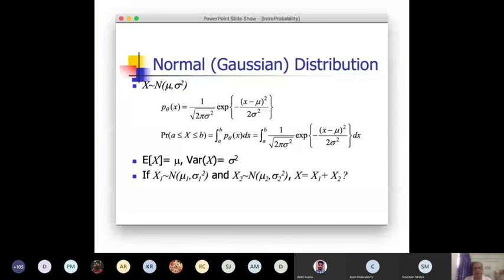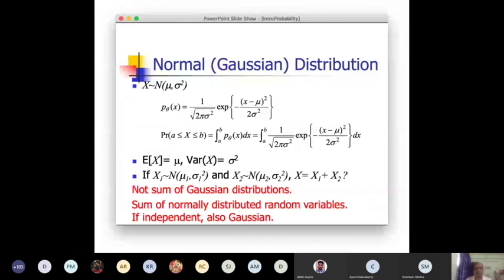Now suppose I have two random variables x1 and x2. One distribution has mu1 and sigma 1 square. The other distribution is characterized by the two parameters mu2 and sigma 2 square. So what do you expect? What should be the distribution of the sum of these two random variables? In fact, if they are independent, it can be shown that they are also Gaussian.